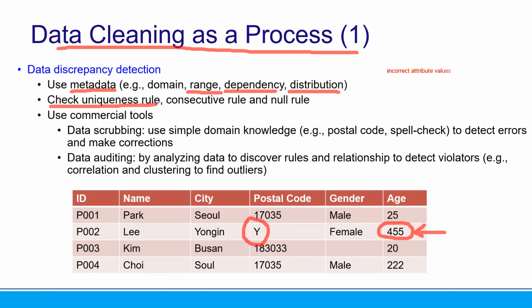Consecutive rule. There should be a kind of sequence. If you choose something, it follows another thing. For example, if you choose that you live in South Korea, then maybe if you order a product from Amazon, you want to get the product delivered to your home in Korea.